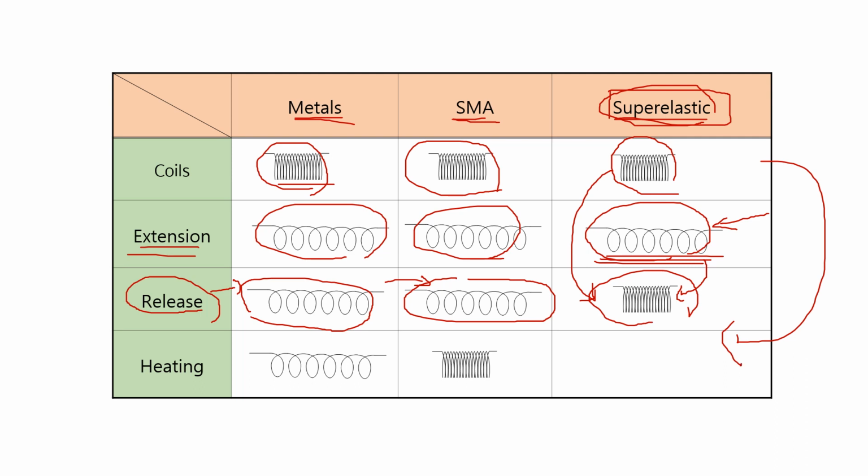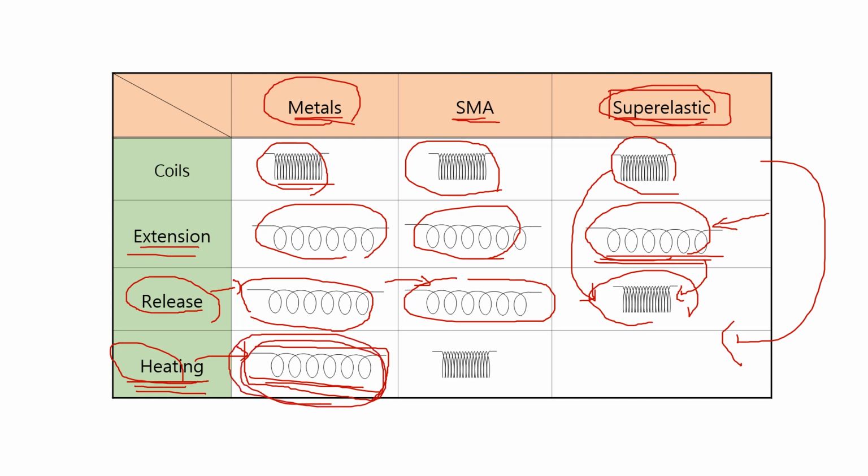Now, if we heat the metal coil, the metal coil retains its permanently deformed shape even if we heat it up, so it still remains in the same shape.